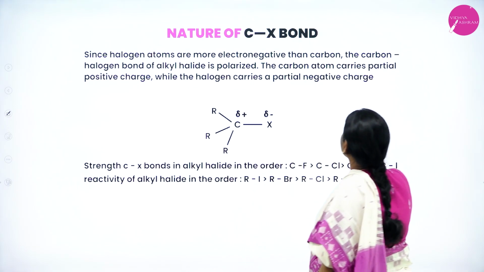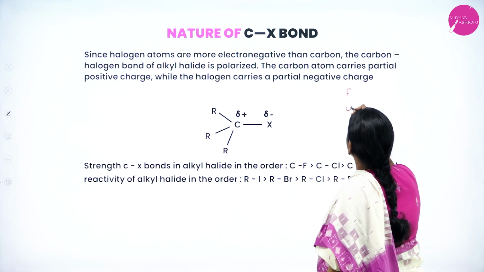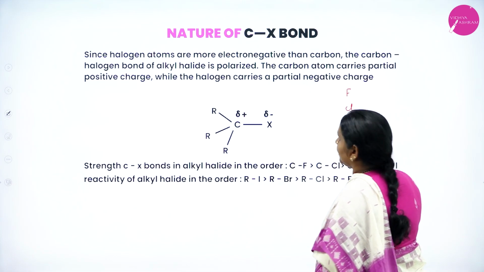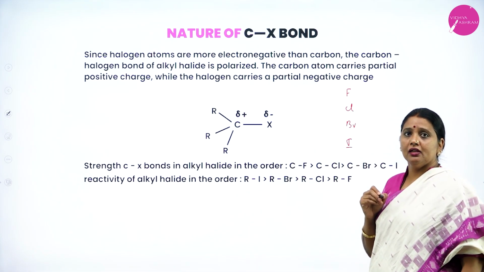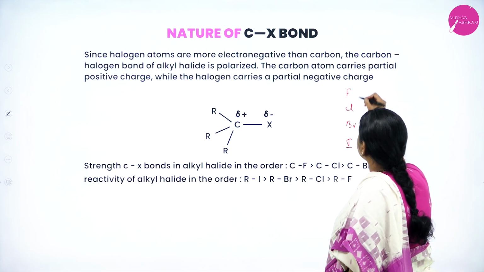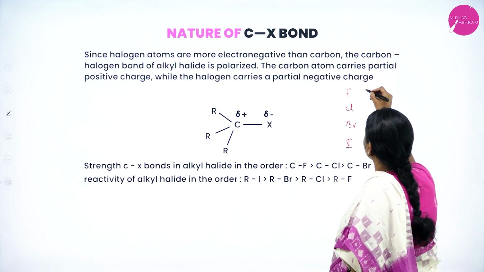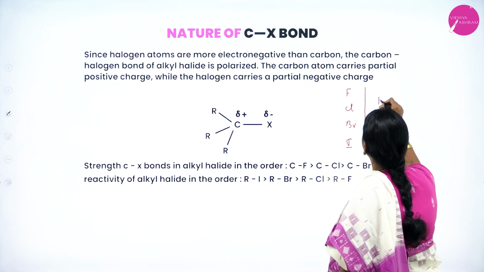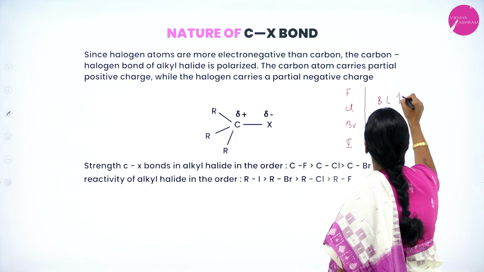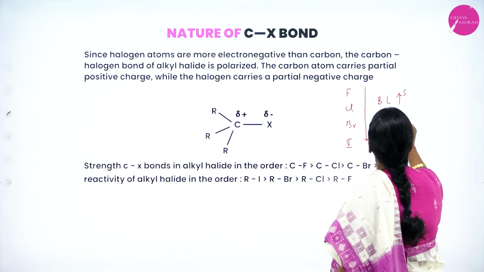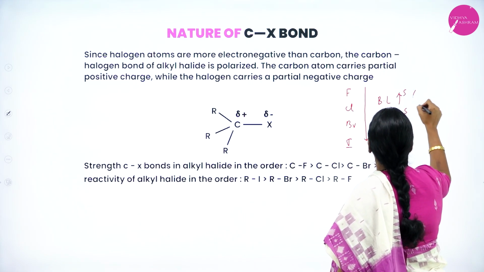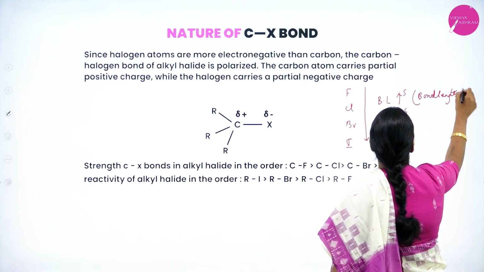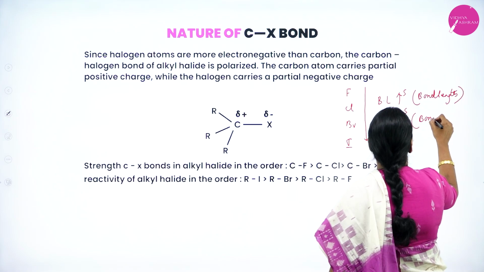If you consider halogen atoms, fluorine, chlorine, bromine, iodine, in the periodic table, they are arranged down the group. As you move down the group, bond length increases, bond energy decreases. Bond length, BL means what? Bond length. BE is what?